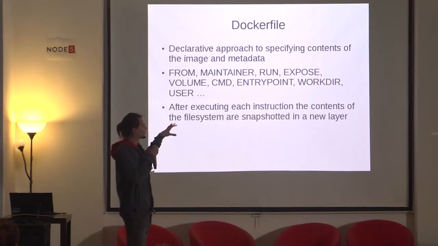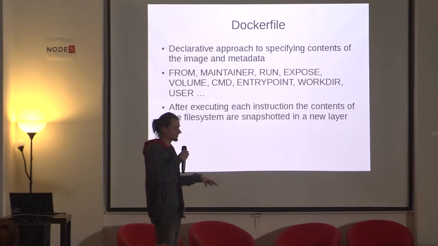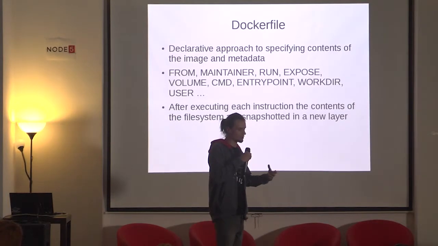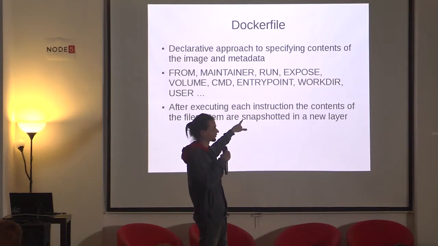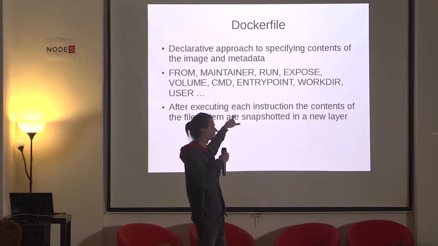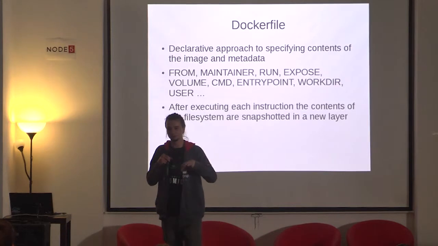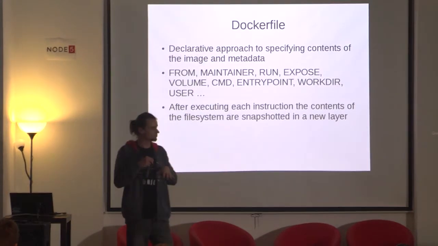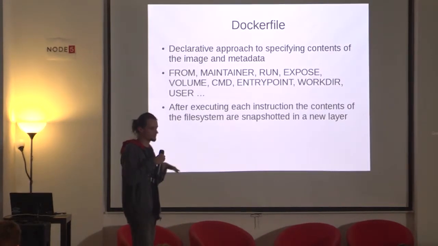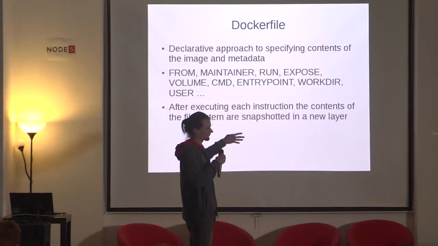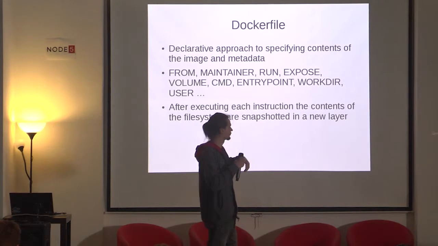By mentioning the port in the EXPOSE clause, we basically say that if you run this image, you should also open up the port, because if you mention the port in the Dockerfile, it doesn't mean that when you run the container that port will be open. You still need to explicitly mention that you want to forward some port from the host to the container.